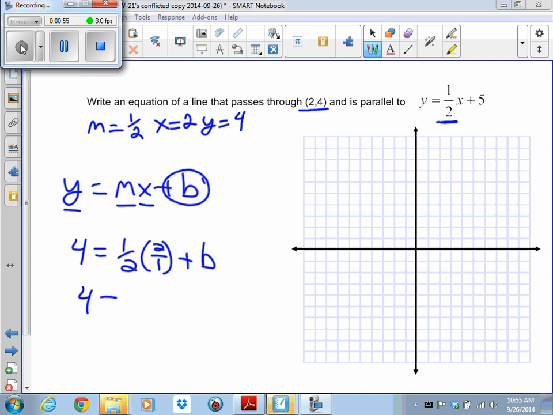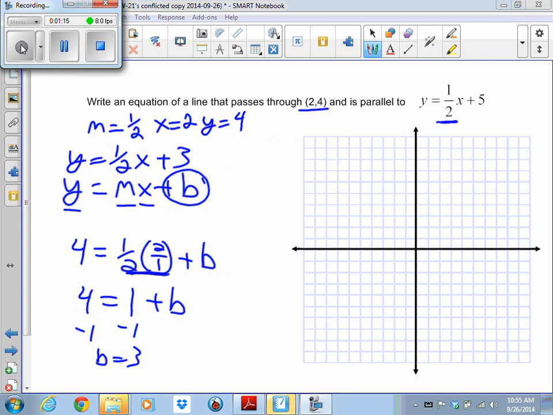So 4 equals 1 plus b, minus 1, minus 1. So b in this case is 3. Now we write our equation: y equals 1/2 x plus 3.